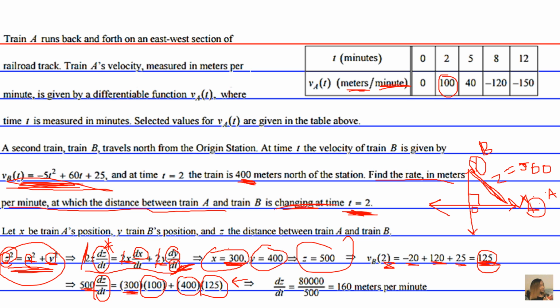Therefore, we can combine everything again. 300 times 100 is going to give us 30,000. 400 times 125 is going to give us 50,000. And if you're not clear on this because you're not a savvy multiplier, like myself, I'm not the greatest multiplier, well, 400 times 100 equals 40,000.